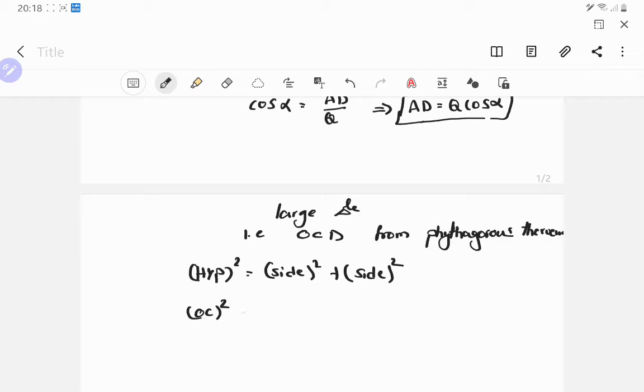OC square is equal to one of the sides, OD square, plus CD square.